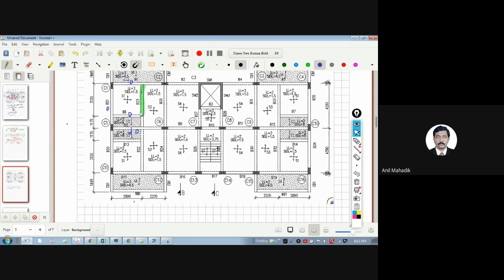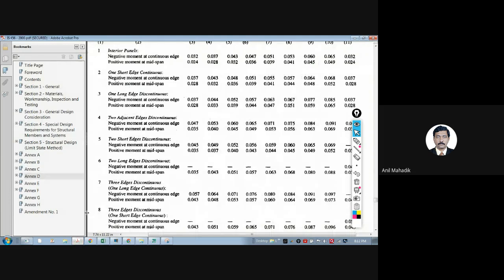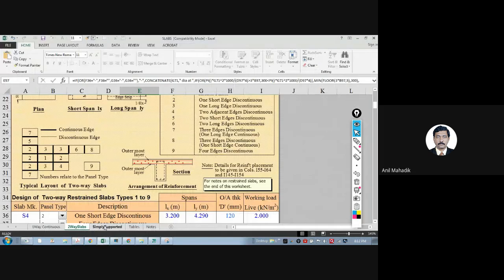And this span, is it longer span or shorter span? So this is my 3.12 and shorter, longer span is 2. So longer edge continuous. I generally prefer, instead of going into the IS code, see, to understand the language you may get confusion, better to just refer this.